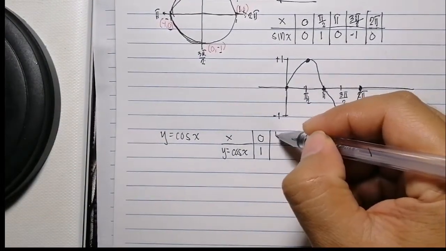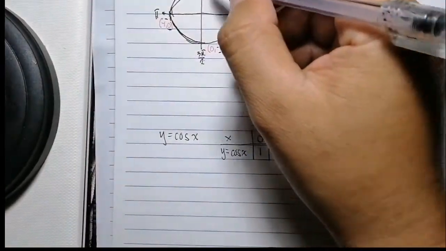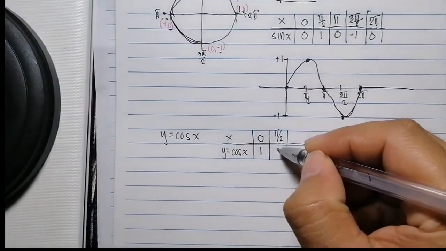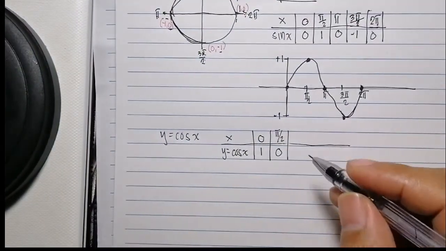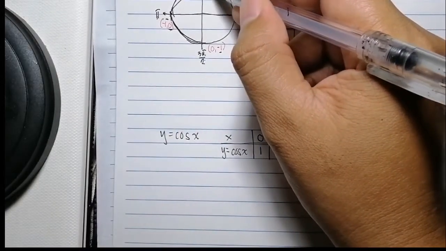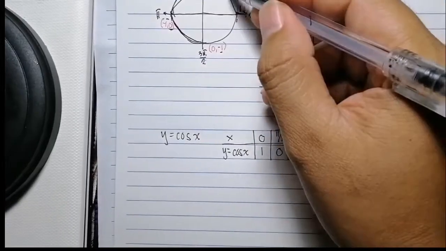If your x is equal to pi over 2, then your cosine x is equal to 0. Because this is your cosine: the first element is your cosine and the second element is your sine.